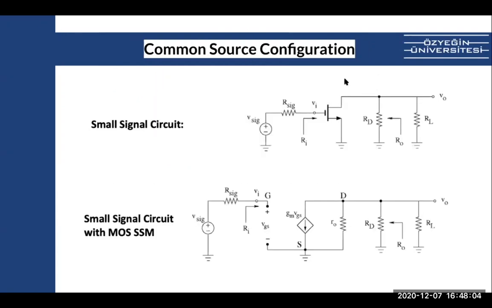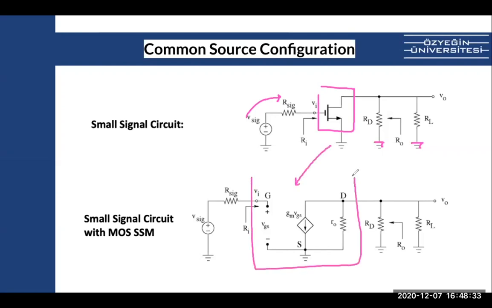So looking at the common source small signal circuit, I'm looking at the AC domain. We have the transistor connected to an input signal with a resistance R signal, and the RD and RL become connected to the ground. And now you replace this transistor with a small signal model, and then you derive the circuit.